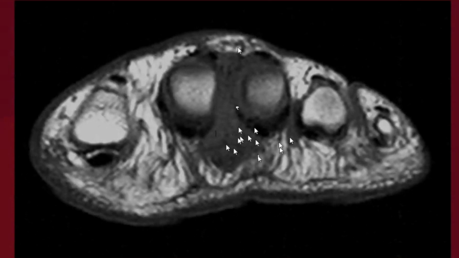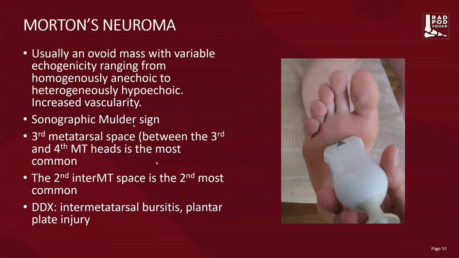So once again, if the enlargement of the perineural fibrosis is midline, that will be termed Morton's neuroma. If it's eccentric, it's more likely to be related to plantar capsulitis and plantar plate tears, and we'll call that pseudoneuroma. The diagnosis of Morton's neuroma is made by identifying an oval mass with variable echogenicity, ranging from homogeneously anechoic to heterogeneously hypoechoic, associated with increased vascularity.